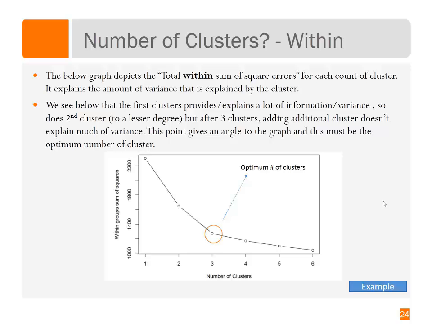So what we're looking at is essentially the curve. When we have a fairly steep slope to the curve, our incremental number of clusters is still doing some real good work. But when that slope begins to plane out or level out, we're not getting much more benefit from adding additional clusters or a higher number of clusters.